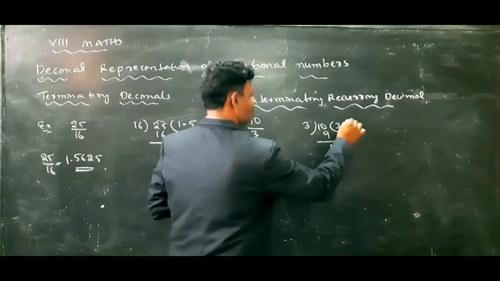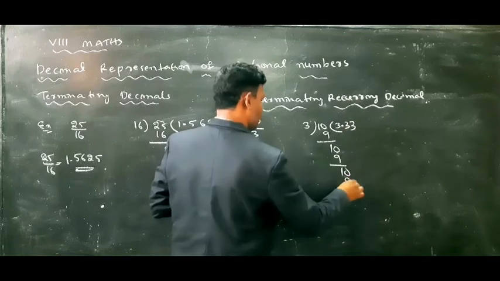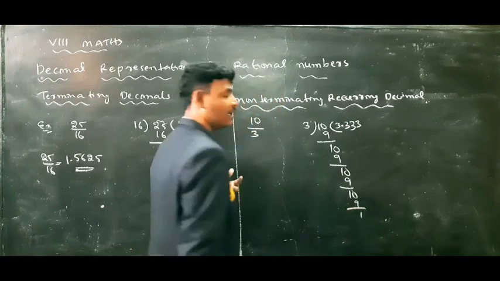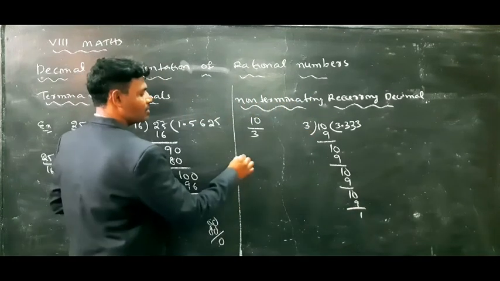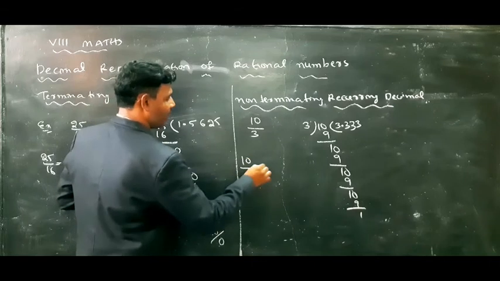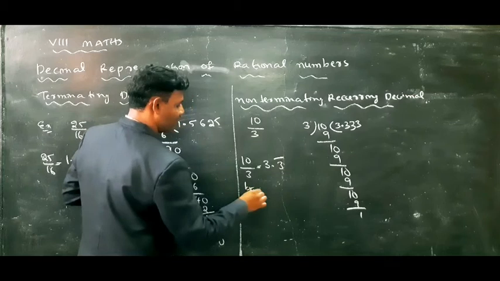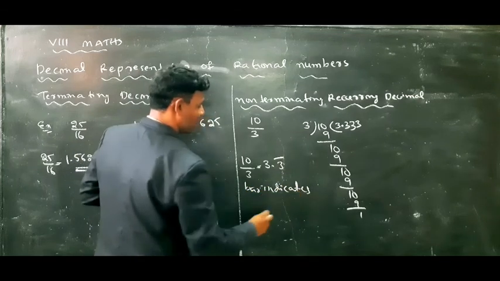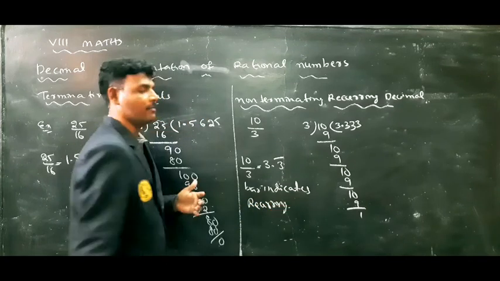Take decimal, 0. 3 3s are 9, 1, 0. 3 3s are 9, 1, 0. 3 3s are 9. Here the remainder is not 0. It is non-terminating. So 10 by 3 we can write with a repeating number. What is the repeating number? 3 bar. The bar indicates recurring, which means repeating number.